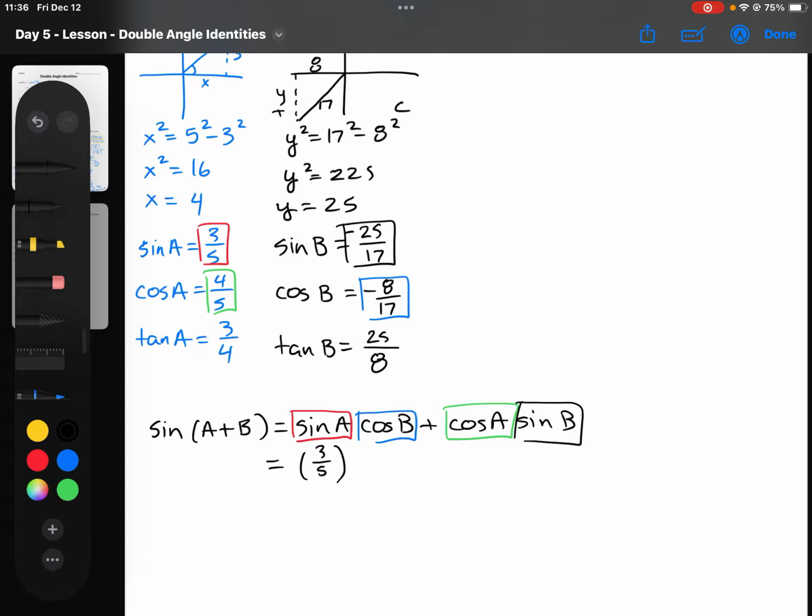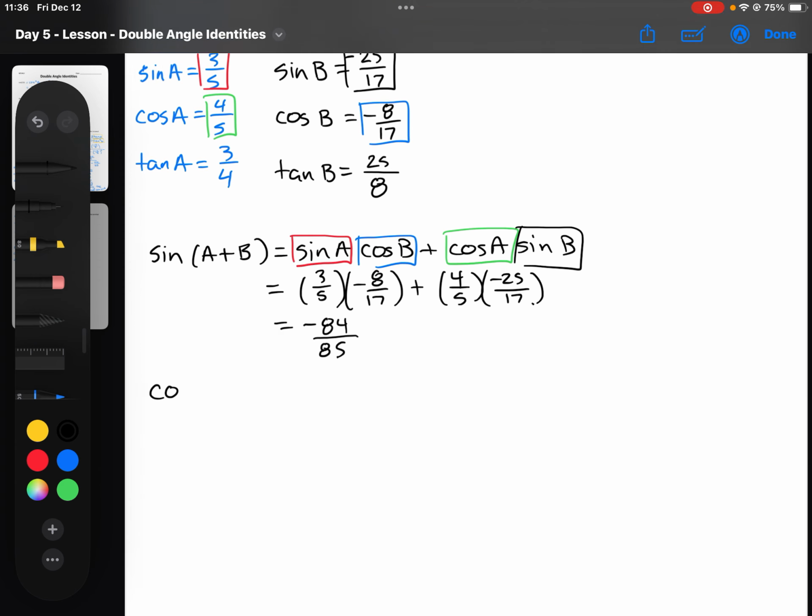Sine A is 3/5. Cos B is minus 8 over 17. Cos A is 4 over 5. And then sine B is minus 15 over 17. When I simplify those, I'm going to get as my final answer minus 84 over 85.